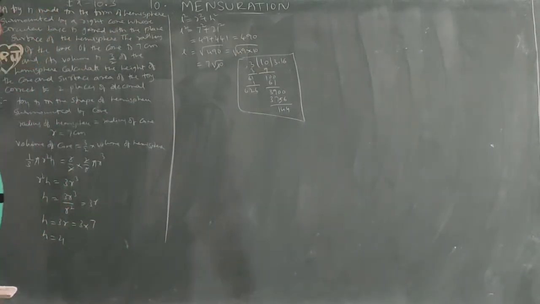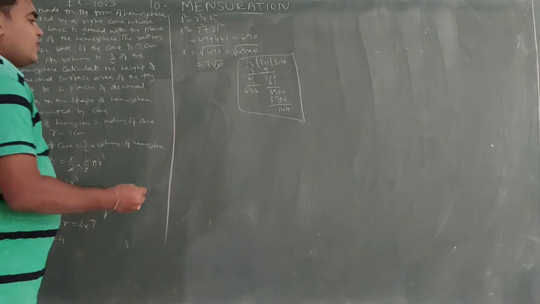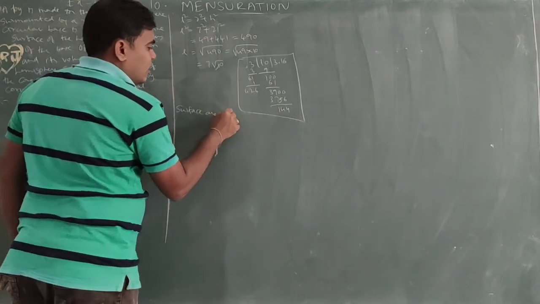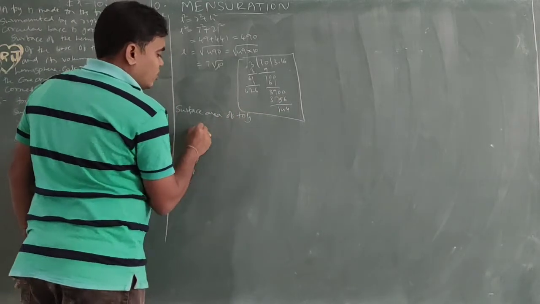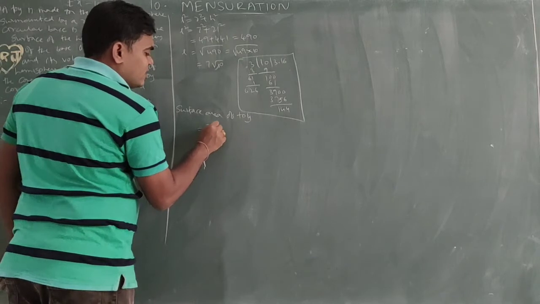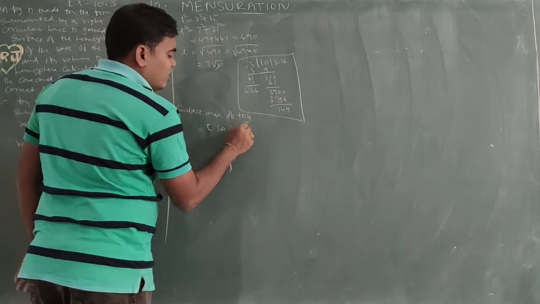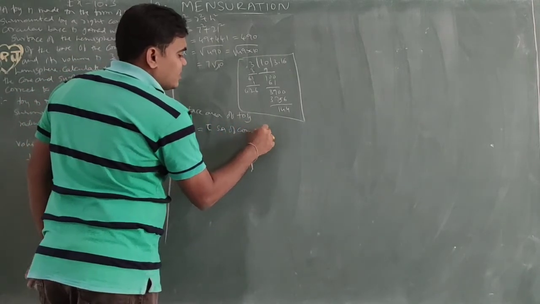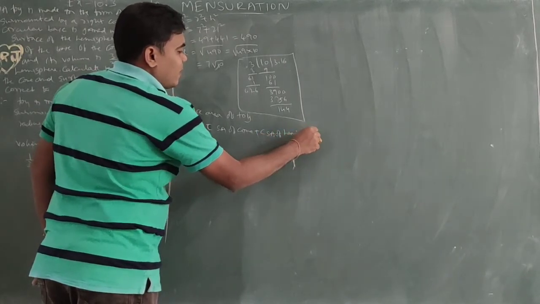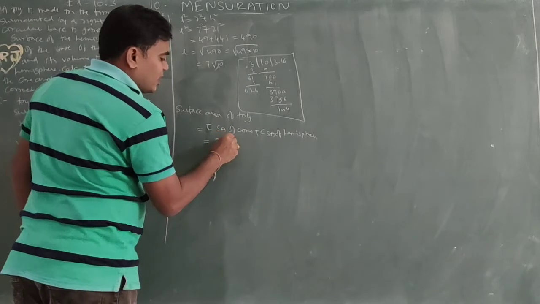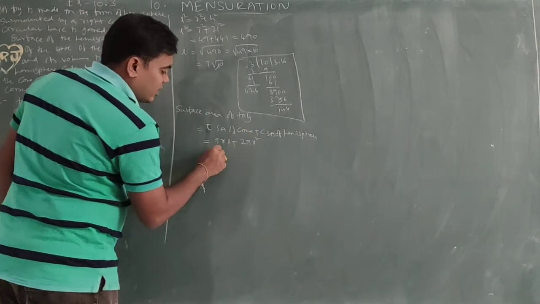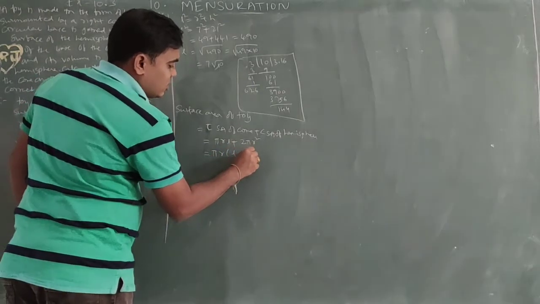Now what we need is the surface area of the toy, which is equal to CSA of cone plus CSA of hemisphere. CSA of cone is pi r l, CSA of hemisphere is 2 pi r square. Pi r common, l plus 2r.